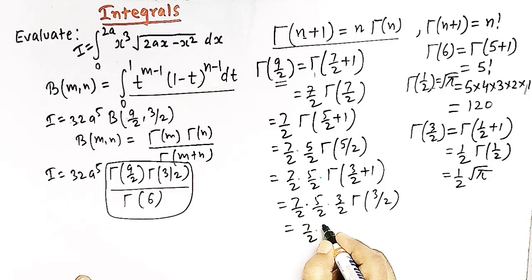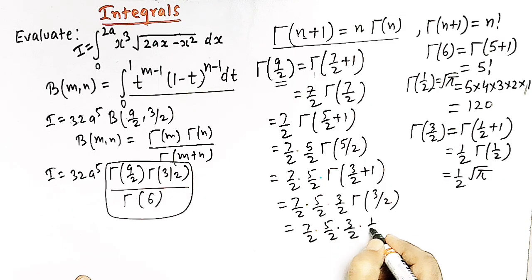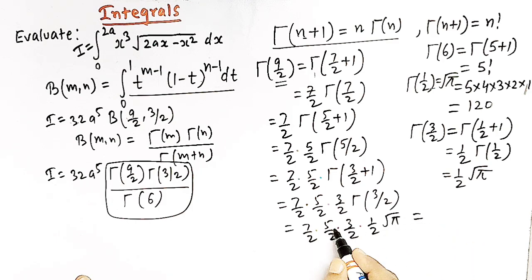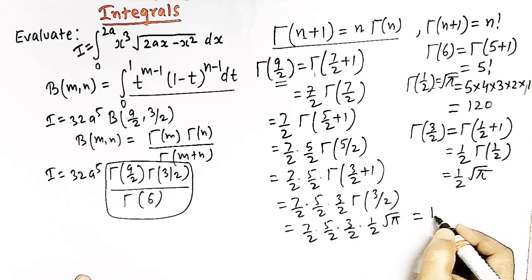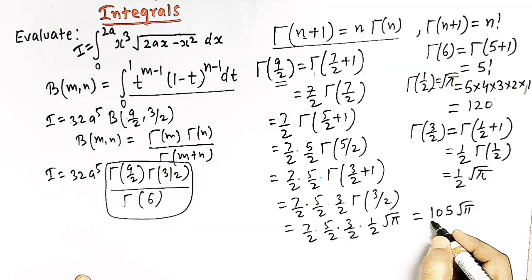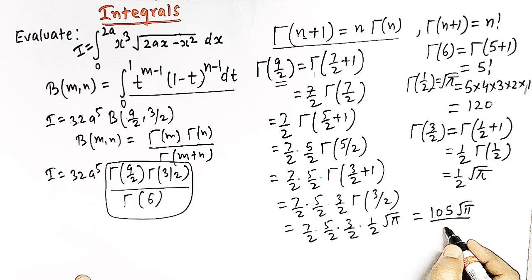So we have 7 over 2, 5 over 2, 3 over 2, and half square root of pi. So here we have 7 times 5 is 35, times 3 is 105, and here we have square root of pi divided by, this is 16, right?